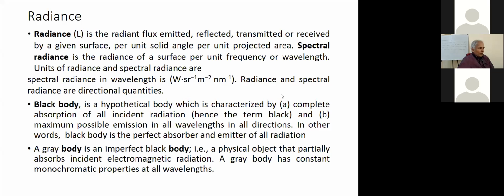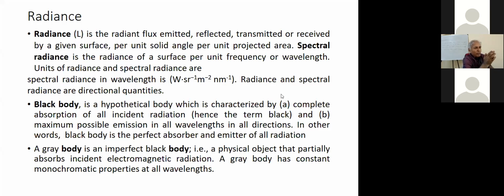In effect, the difference between radiance and irradiance is the following. While irradiance is the total amount of radiant flux received per unit area, irrespective of the direction from which it is being received, radiance is highly directional dependent.